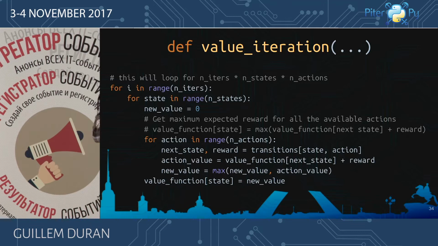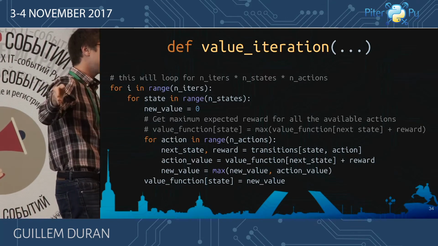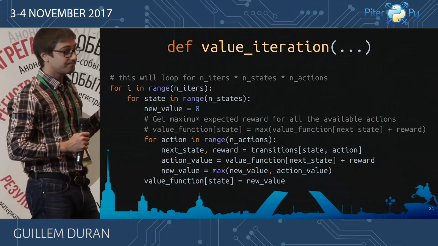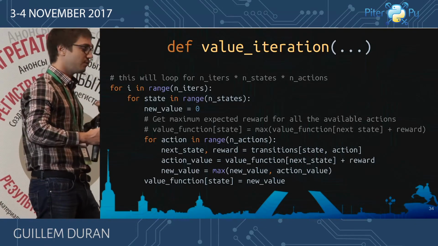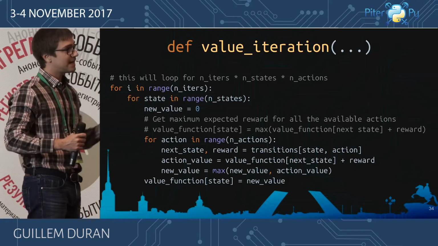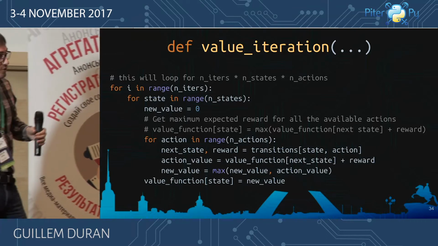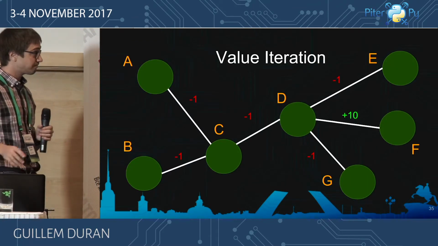I mean, if I'm here, what can I do next? Well, for each one of those states, we will get its value function, and we will update our value function with the maximum value function that we can access in the next step, plus the reward to get there. Sounds a bit complicated, but it actually is simpler than it looks, okay?